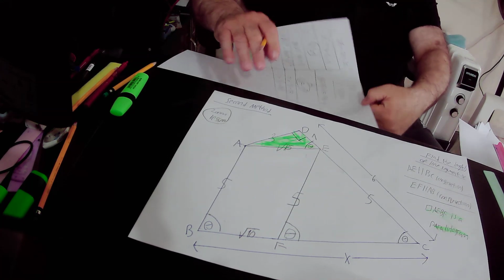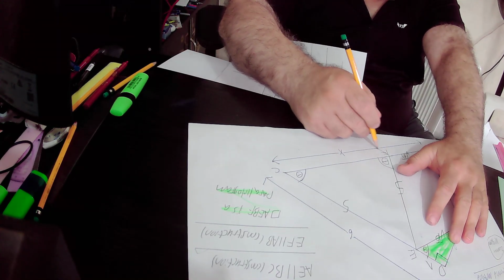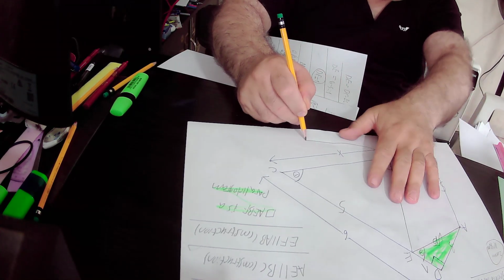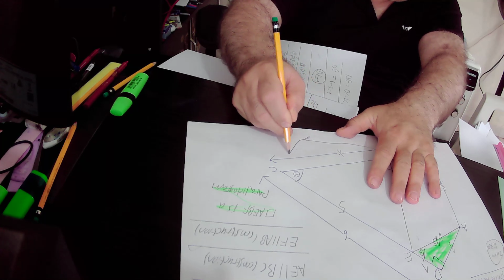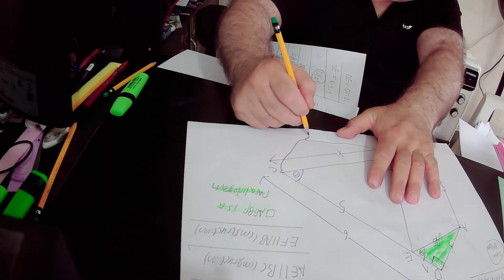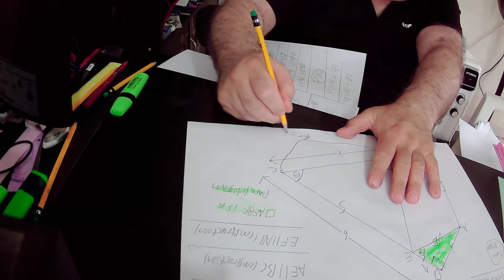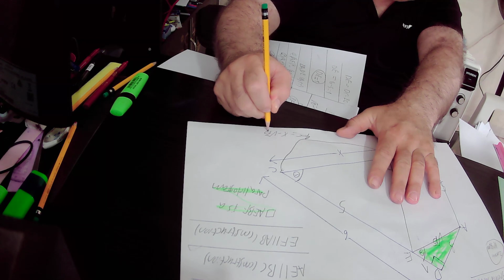So we can write here that side FC equals X minus the square root of 10 units.